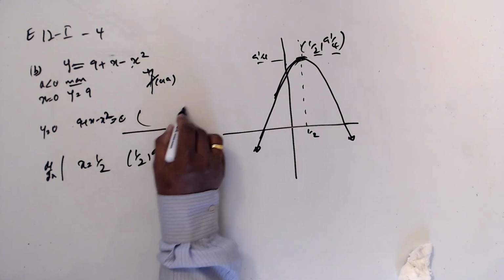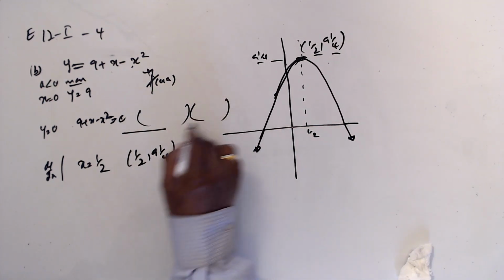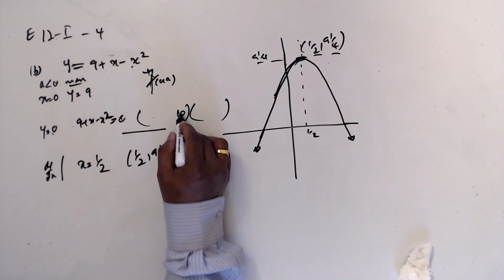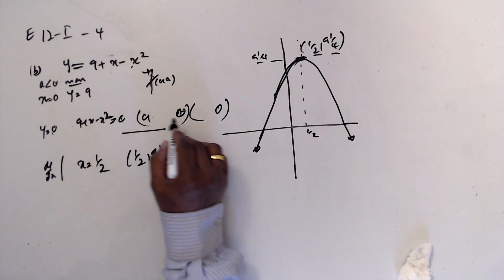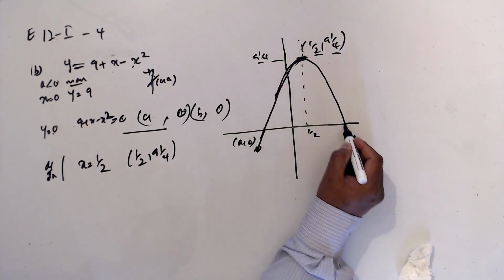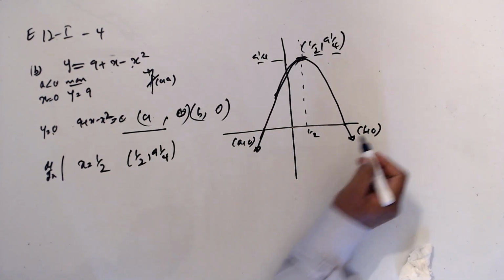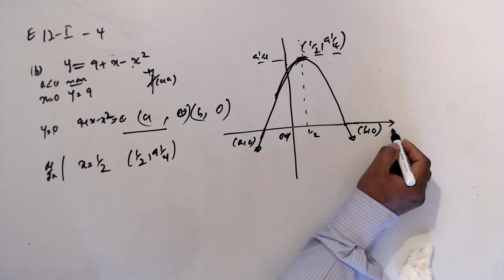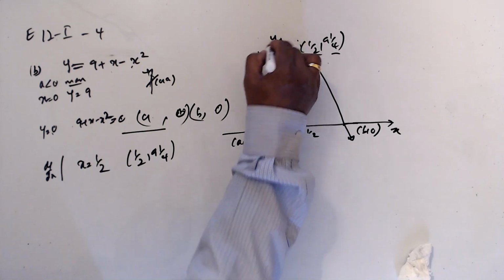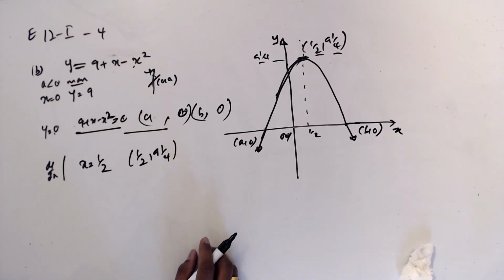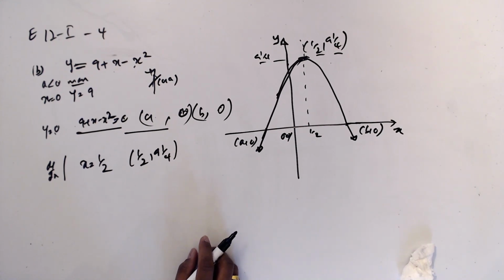When we solve this one, we will get y equals 0, and we know a and b. So this is (a, 0) and this is (b, 0). You may use the quadratic formula to solve this one.